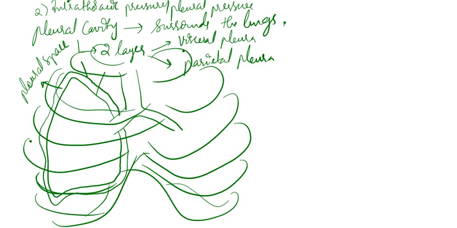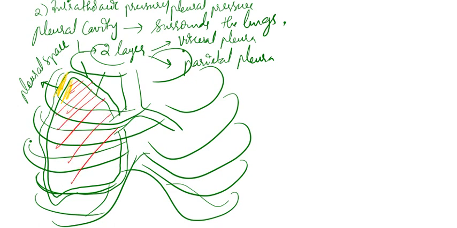So this is all rib cage. Now here, this layer is the parietal pleura. This is the visceral pleura. And this is all lung.